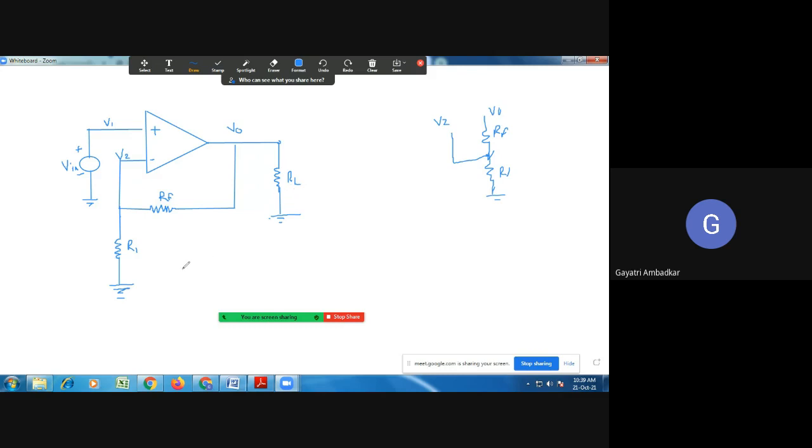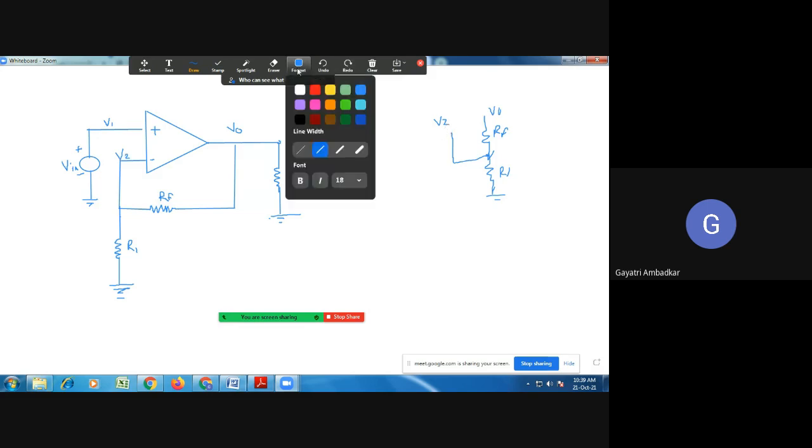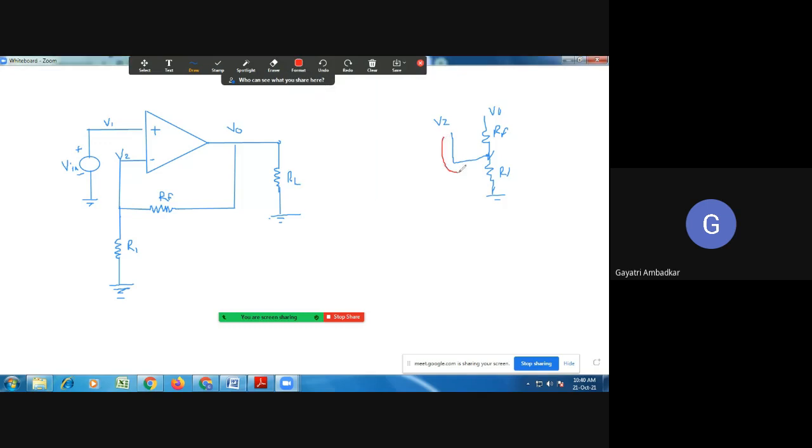Now, where is your feedback voltage available? From this point to ground is your total voltage V2. So V2 is the voltage across this resistance, the voltage across resistance R1.